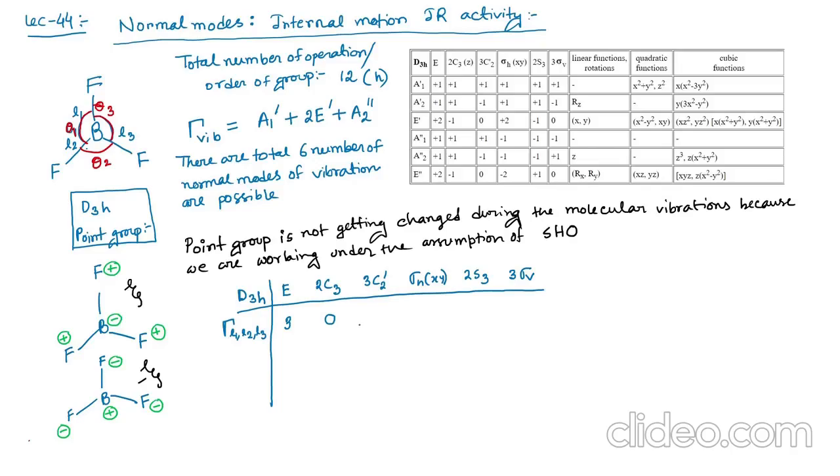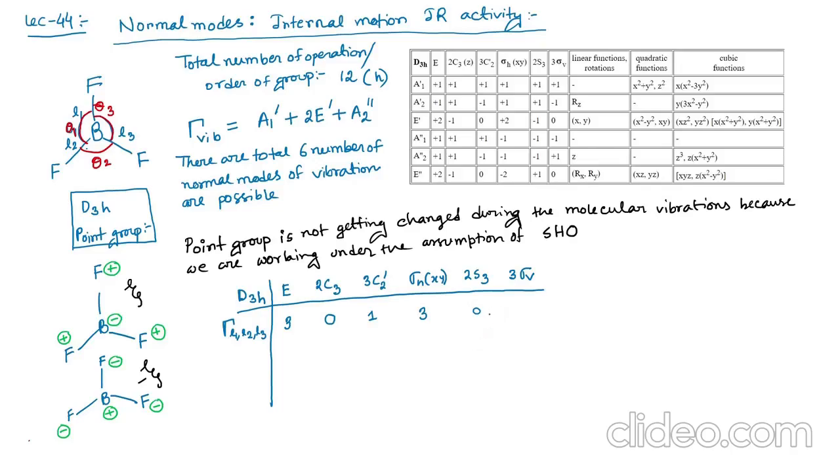So for each C2' the character will be 1. What about sigma h (XY)? All three L1, L2, L3 stay the same, so they all contribute, giving 3. What about 2S3? Firstly there will be a C3, so they change their place, and then they remain the same, but they have already changed their place, so S3 is also going to be 0.